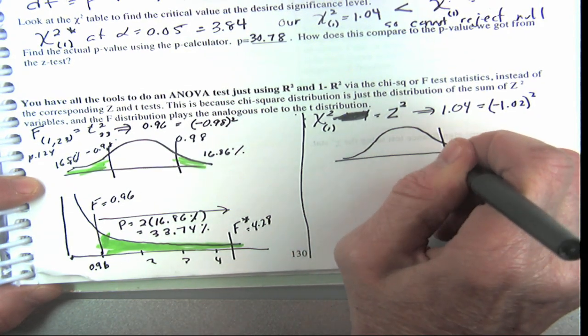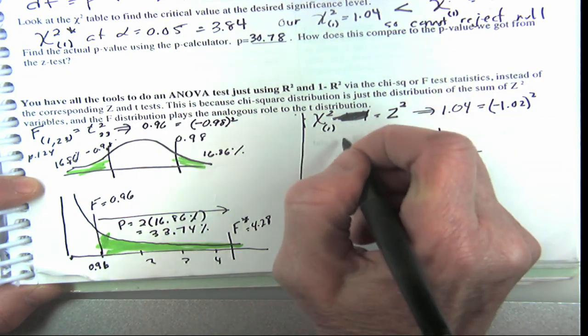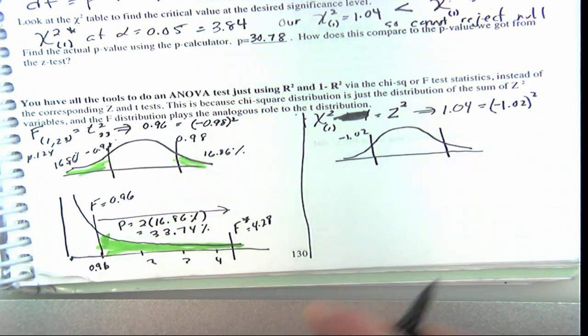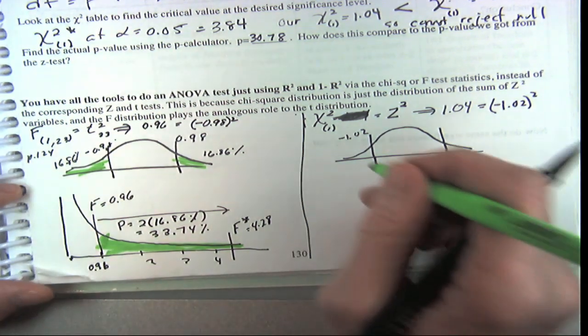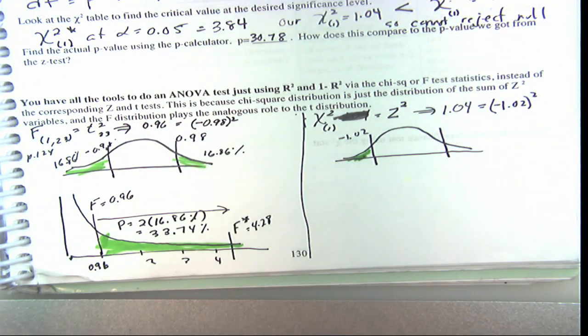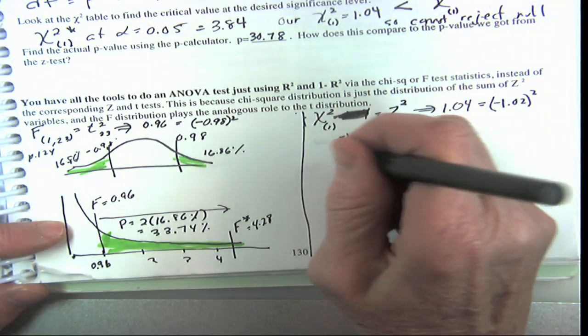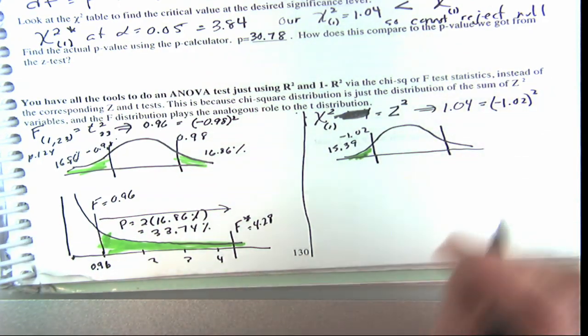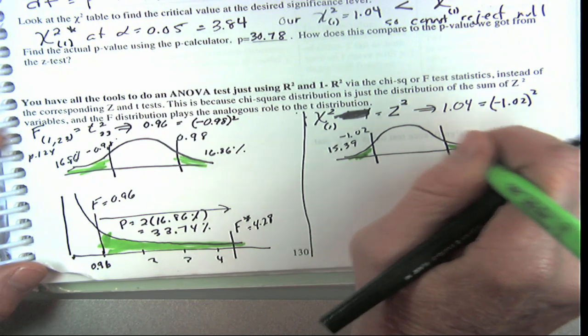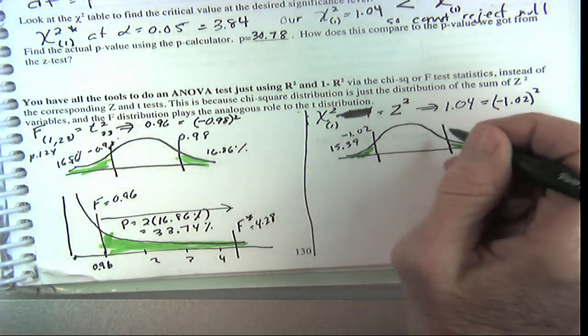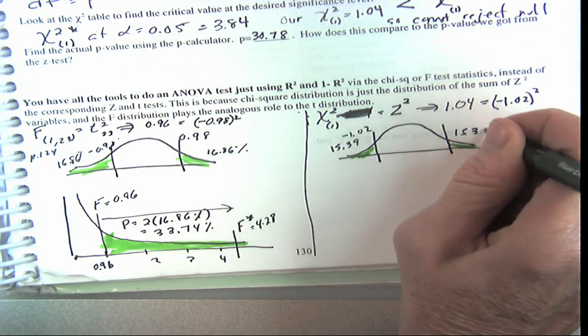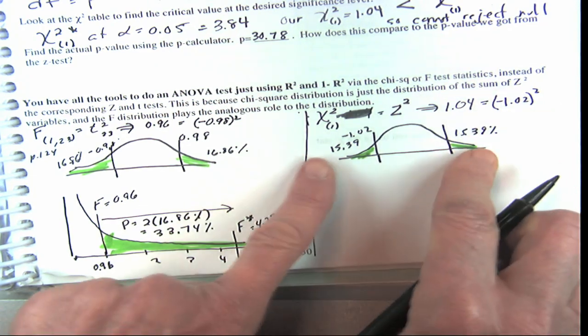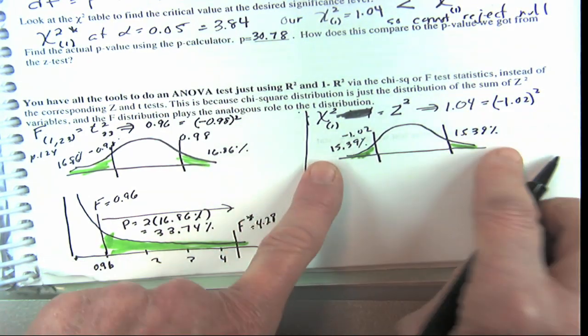And again, we have the negative 1.02. And when we did this here, it was 15.39. I'm not drawing it very well. It should be bigger tails, but this is 15.39% for each of them, right?